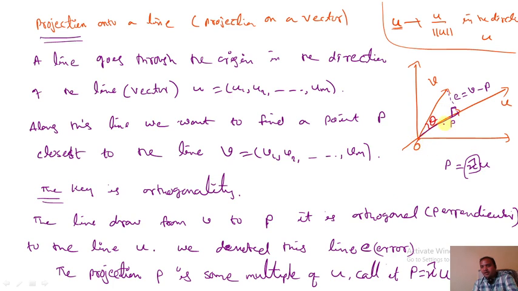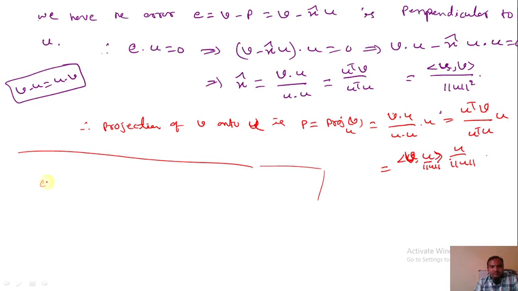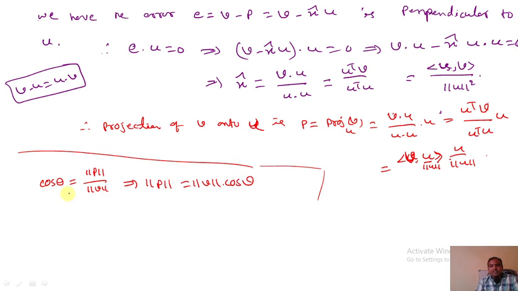The length of the adjacent side is norm P. The length of this vector is norm V. It means cos theta equals norm P divided by norm V. That implies norm P equals norm V into cos theta. That means this is the length of the projection. Length of projection is norm V into cos theta.